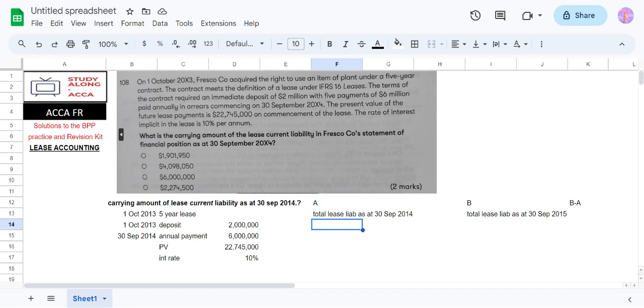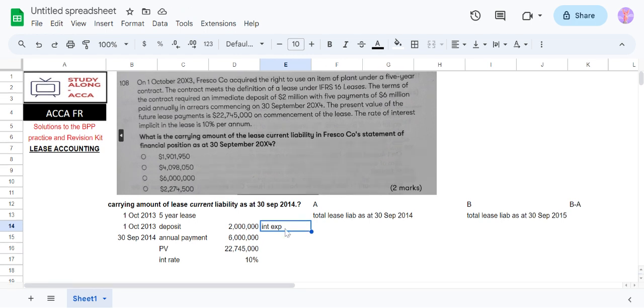So let's calculate how much will be our lease liability. First we need to calculate the interest expense, right? Maybe I will take these headers here. So interest expense. I will just align it to the right to make the presentation a little better. All right.